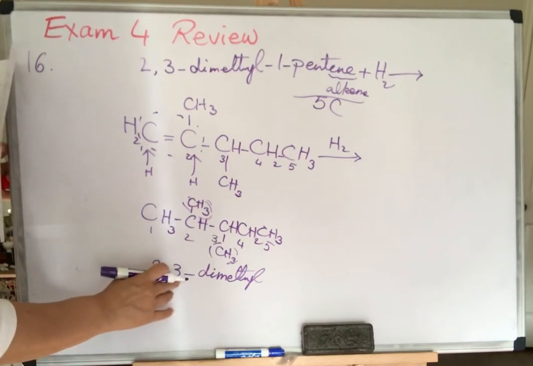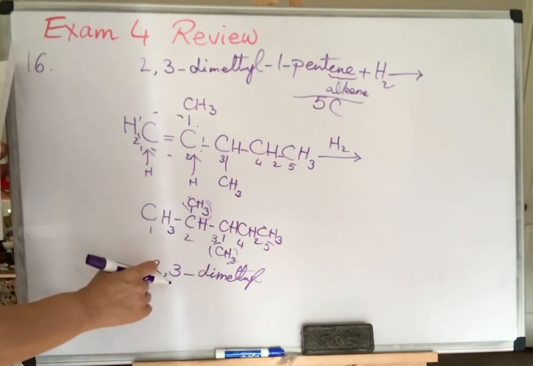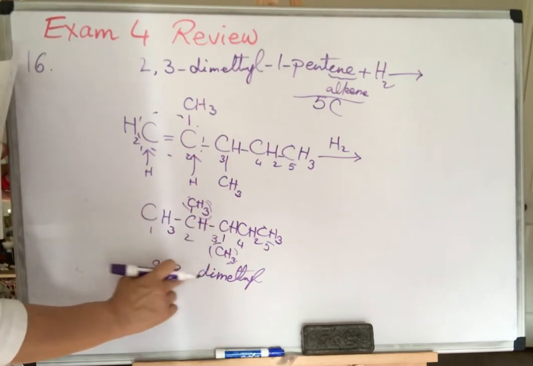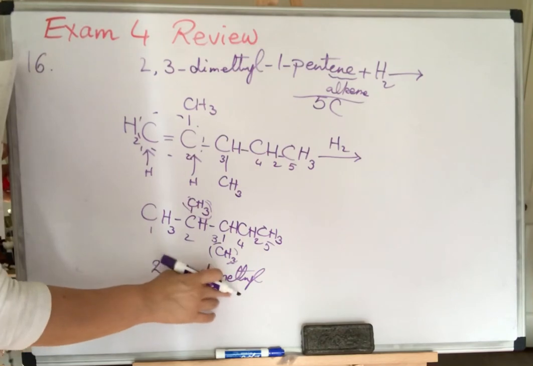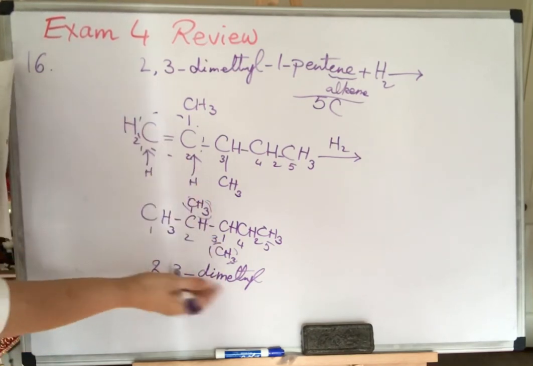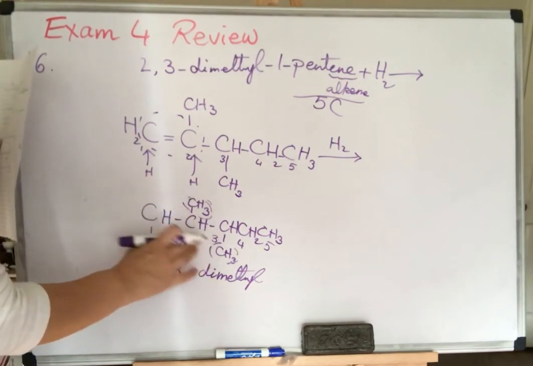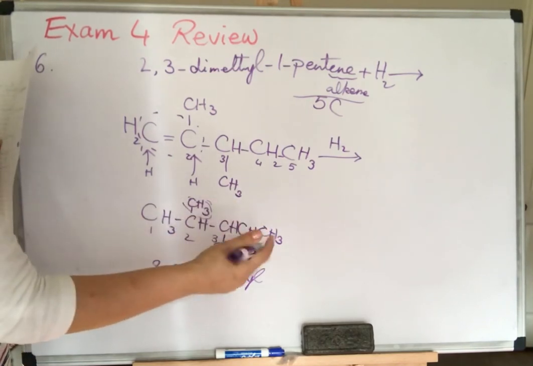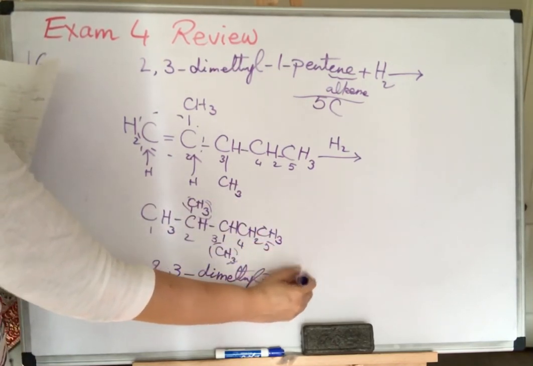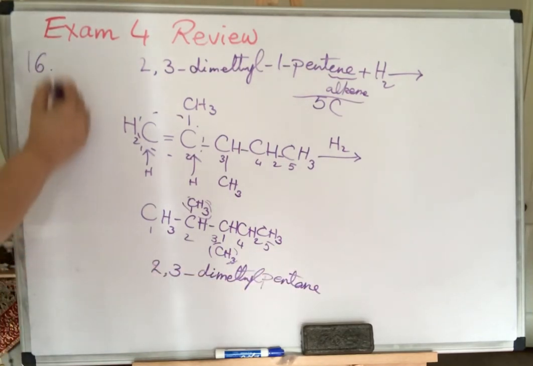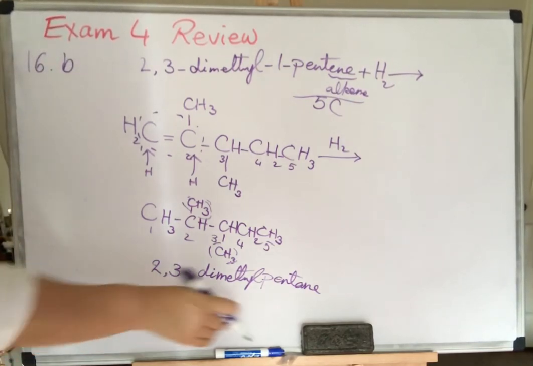Dimethyl, because both of the groups are the same and you have to mention 2 methyls. So you're done with the branches, and then 1, 2, 3, 4, 5, name the skeleton. Is it pentane? So 2,3-dimethylpentane. Which one is it? B. Answer choice B is the correct answer.